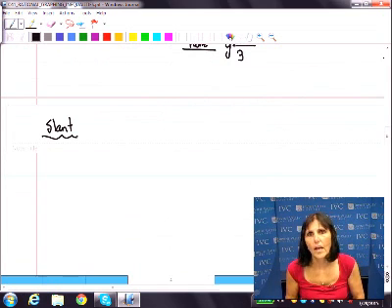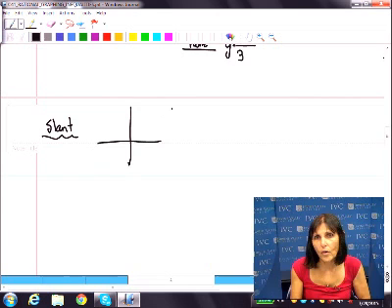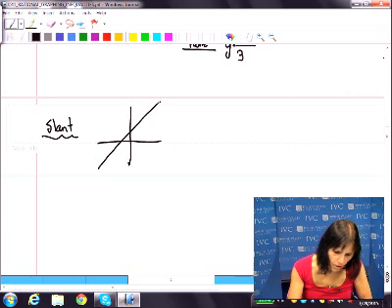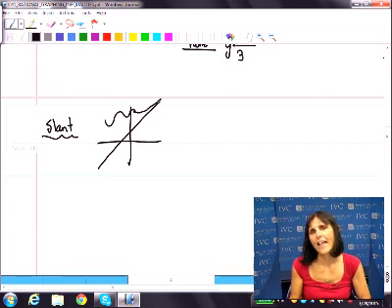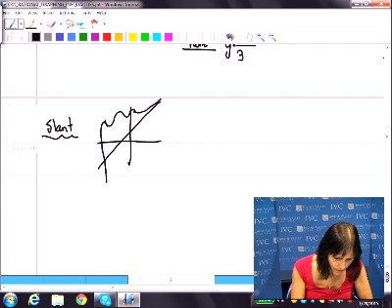How does that work? Slant asymptote means your r of x will do stuff, but there will be a line here. I don't care what it is. So my r of x does crazy things, but then as it gets bigger and bigger, it behaves just like that line. You can cross it too.